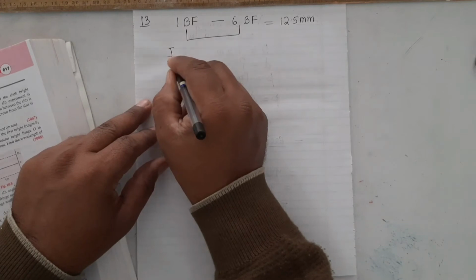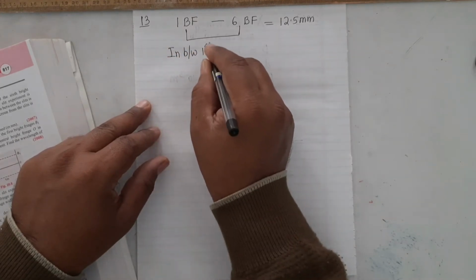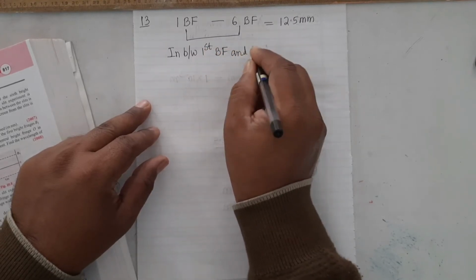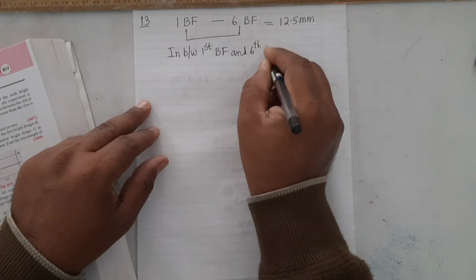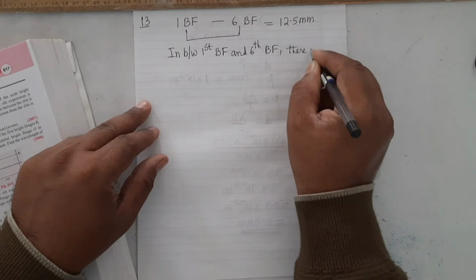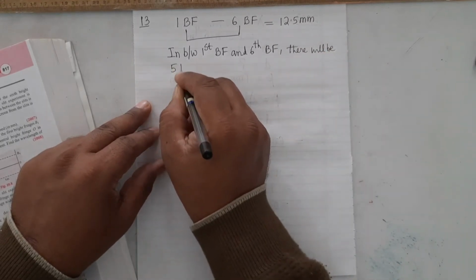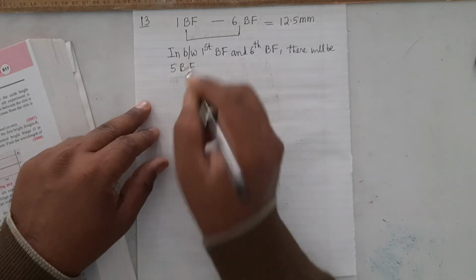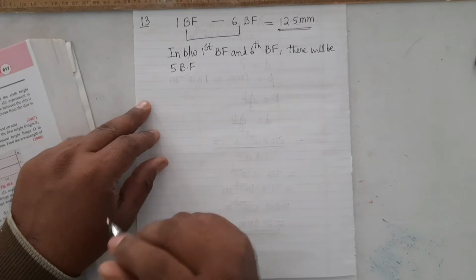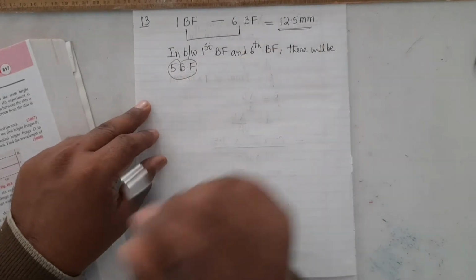In between the first bright fringe and sixth bright fringe, there will be 5 bright fringes. And they are occupying how much distance? 12.5 mm.